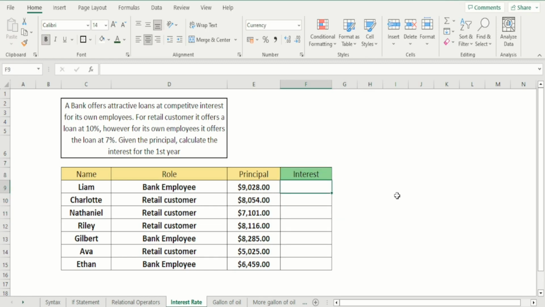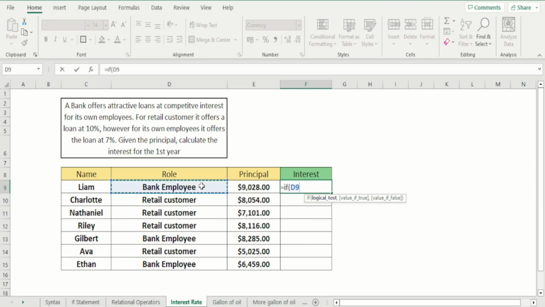To formulate this, we can use a statement like this. We can say that if the role that we have here is that of a bank employee, then give me the interest, which will be the principal, and remember that for the bank employee, the interest rate is 7%.